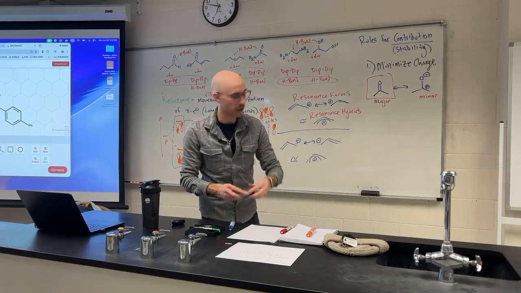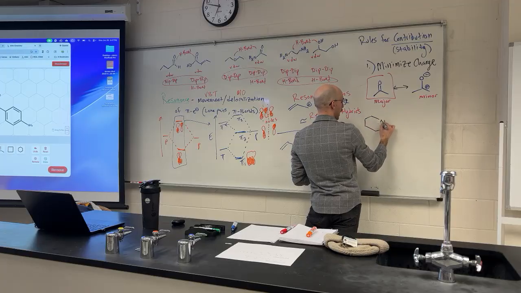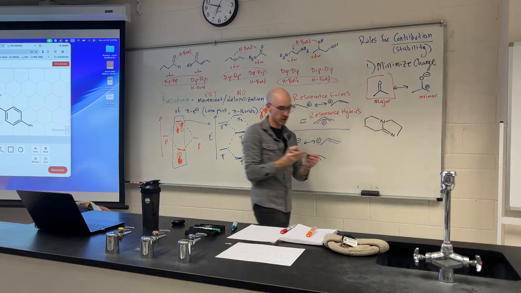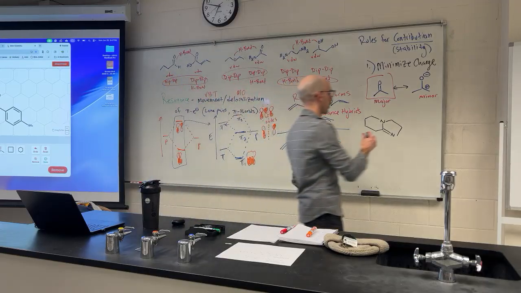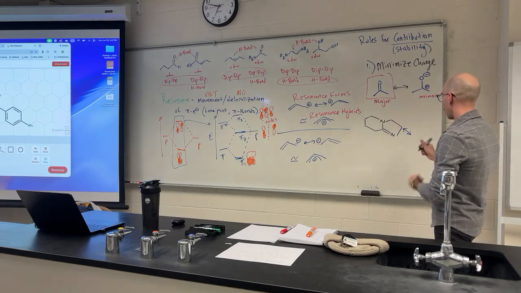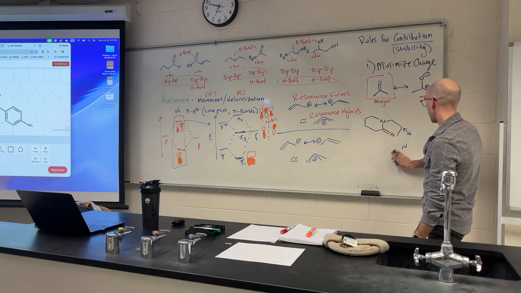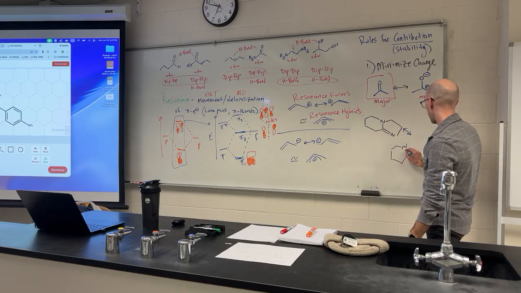Okay, the second structure that I gave you, this is what we call a bicyclic molecule. It has 2 rings in it. And there is a resonance form, I'm going to have to draw this kind of strange, where nitrogen at the top is able to donate electrons to the pi bond down below.